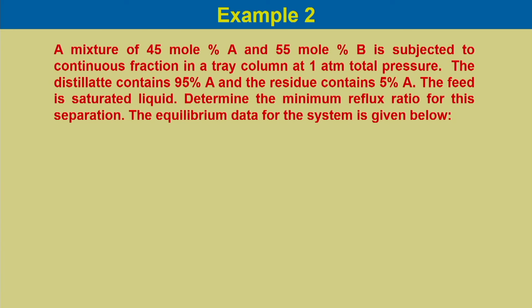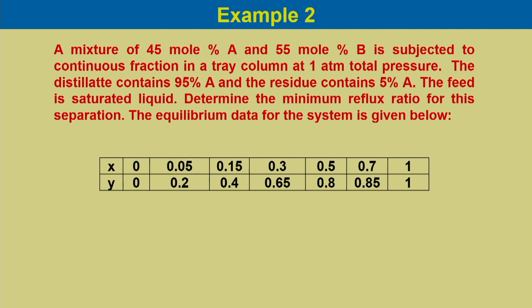The distillate contains 95% A and the residue contains 5% A. The feed is saturated liquid. Determine the minimum reflux ratio for this separation. The equilibrium data for the system is given below. This is the equilibrium data, for the same case which we have calculated earlier.